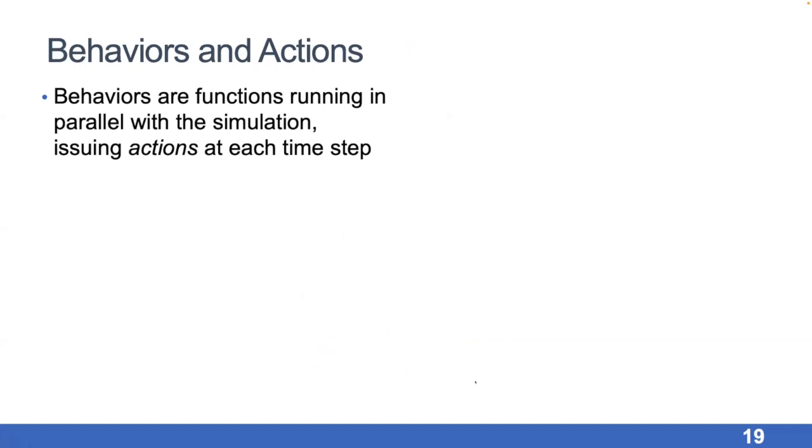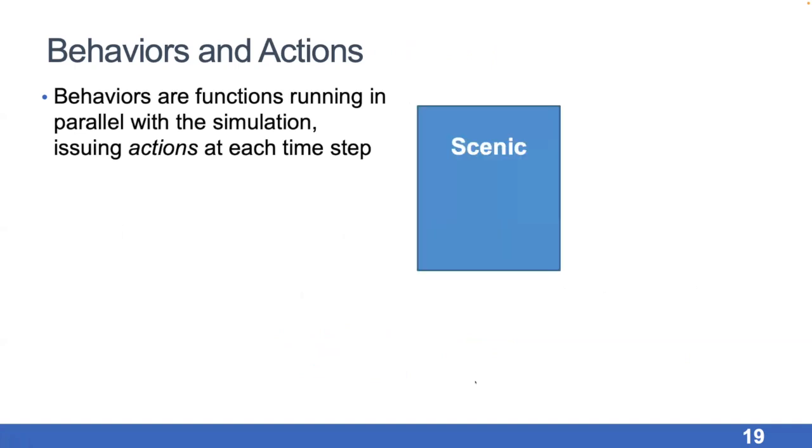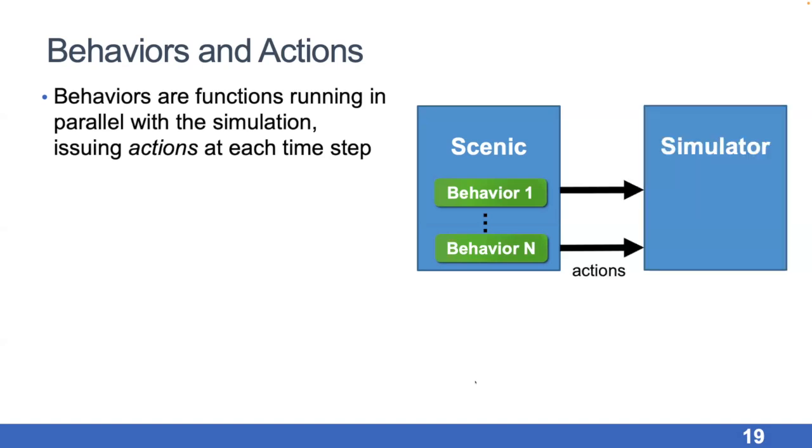Every time step of the simulation, each agent's behavior picks which actions it wants to take for that time step. So what this looks like in a diagram is we have SCENIC, we have behaviors for various agents running inside SCENIC. Every time step, SCENIC gathers up the actions that the agents want to take. These could be things like applying brake or changing the steering, something like that. Sends those over to the simulator that you're using.